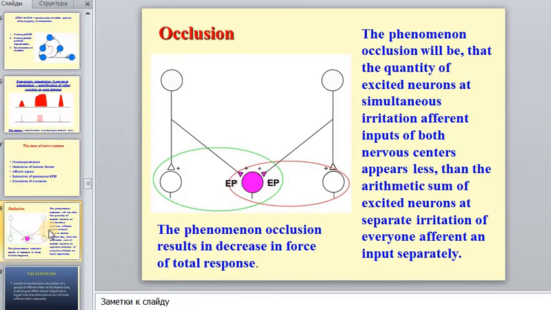Sometimes we need to know what occlusion is. The phenomenon of occlusion is that the quantity of excited neurons, at simultaneous irritation of the afferent inputs of both nervous centers, appears less than the arithmetic sum of excited neurons at separate irritation of each afferent input separately.